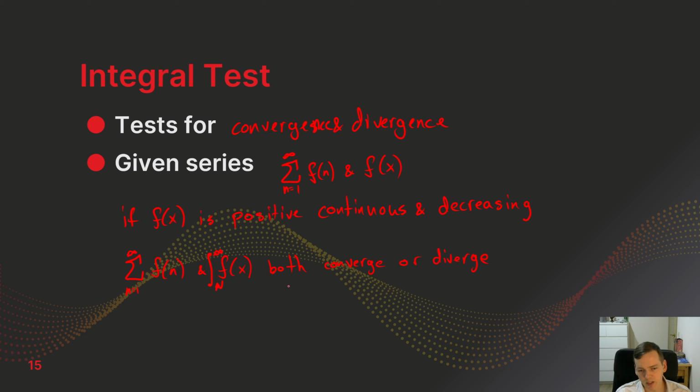So they do the same thing. In other words, this lets you take that series, write it as a function, and integrate it. And if the integral is equal to some fixed value, you know that the sum of f of n has to be some fixed value.